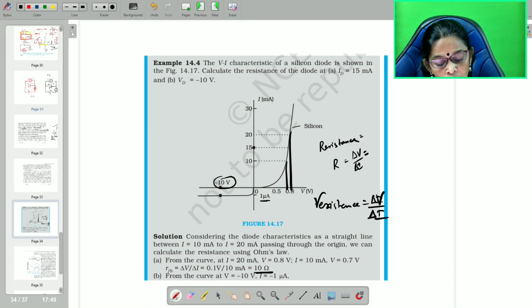So therefore 10 ohms is the dynamic resistance for the forward bias, whereas in reverse bias you can say it is infinite resistance.